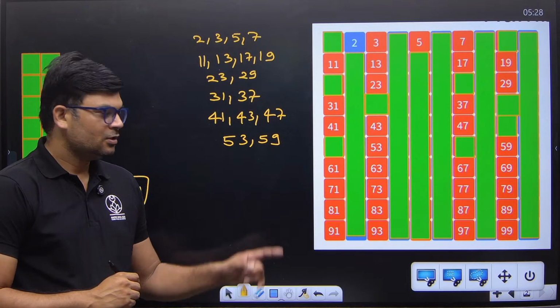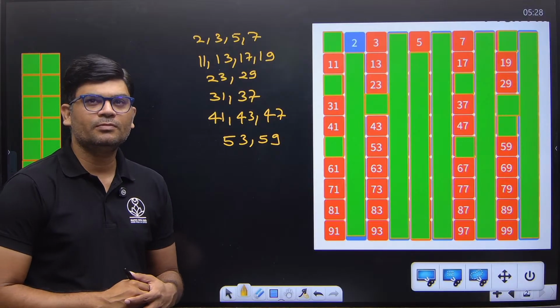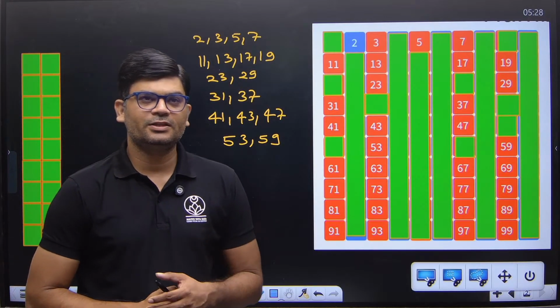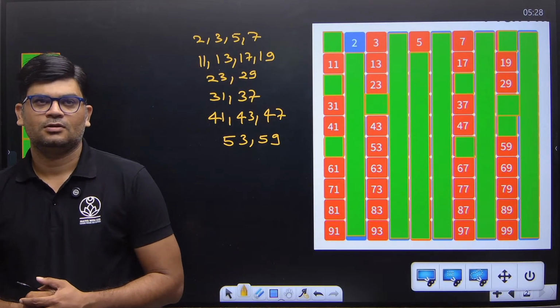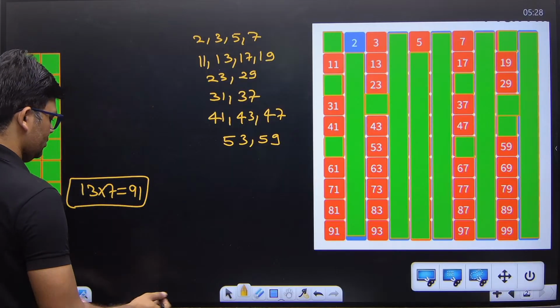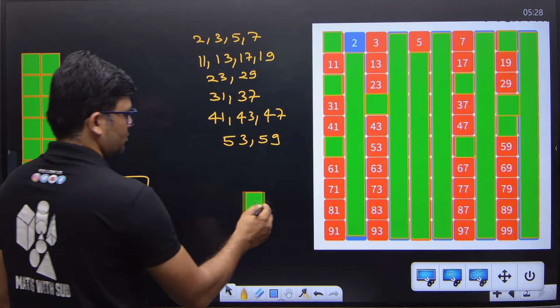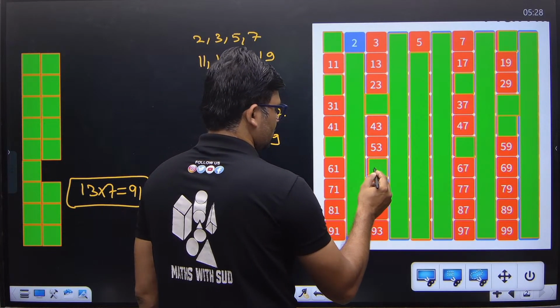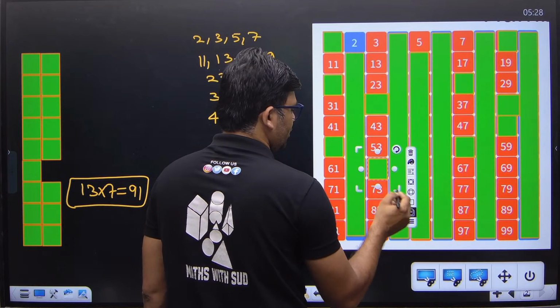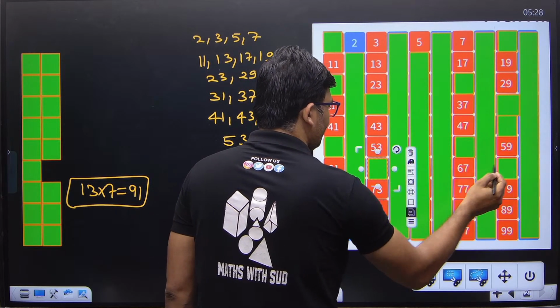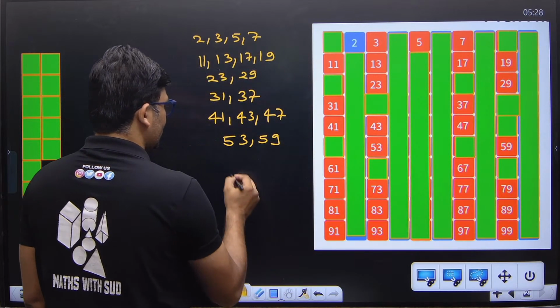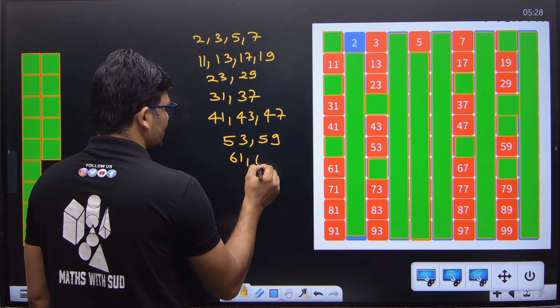In the next row, can you tell me 2 numbers which are divisible by 3? 63 and 69. Wonderful. So 63 and 69. The leftover numbers are prime numbers. We can write them as 61 and 67.